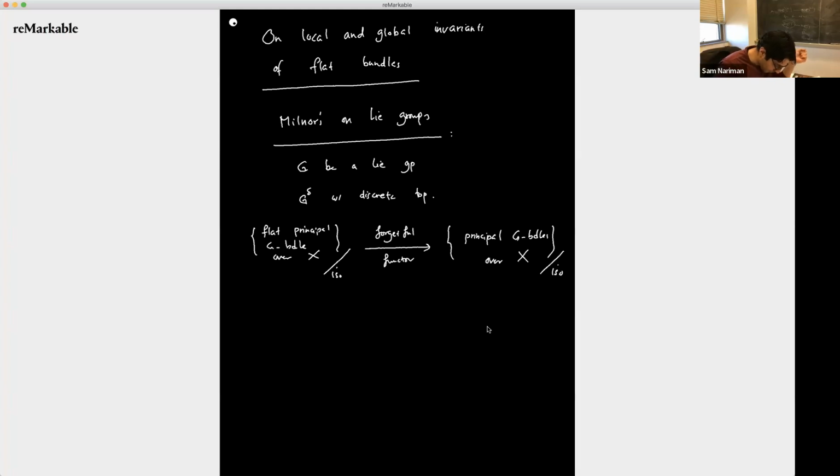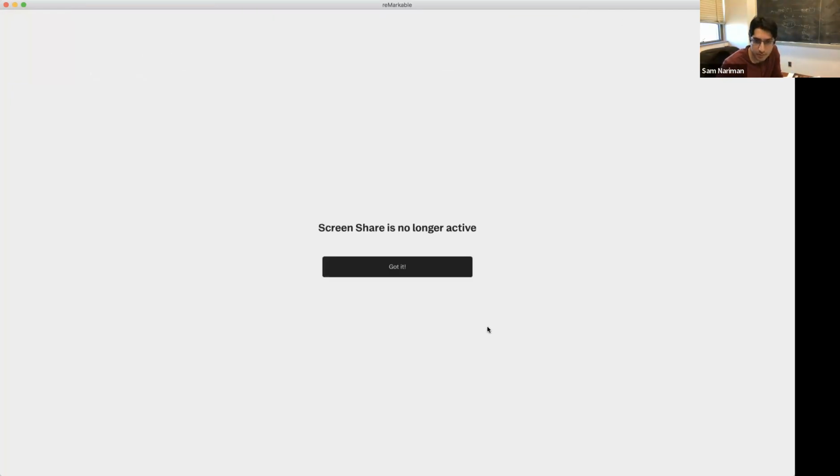This is also a moduli theoretic problem, and from a topological point of view, there are classifying spaces that classify these structures. As you probably know, the right-hand side is classified by a space called BG.